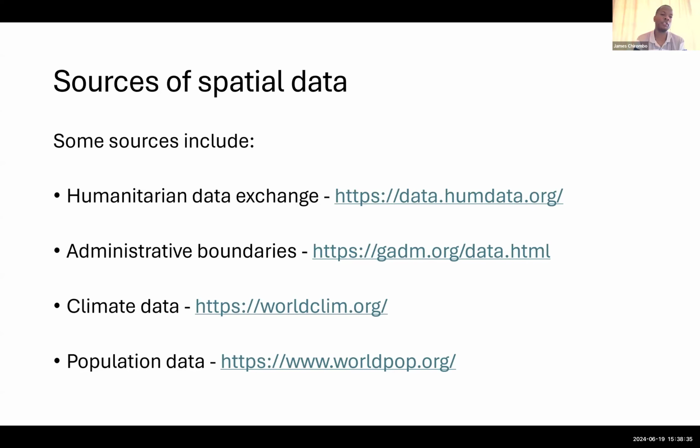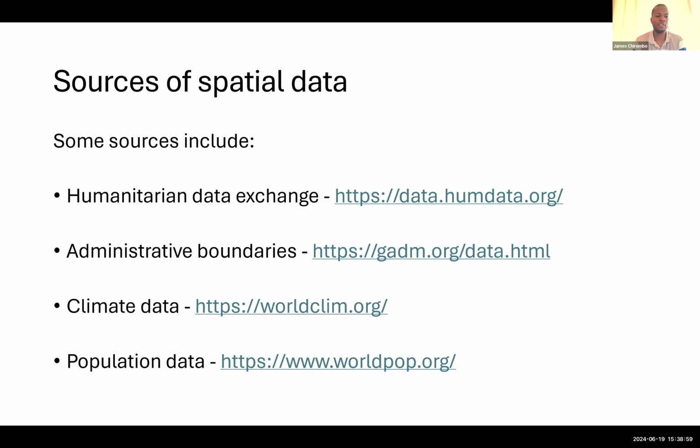You can have level 1 and so on. So you get all you need to do risk mapping, because it's not possible for individuals to collect data as far as national boundaries are concerned. So we have to rely on official data that is already provided out there. There is also WorldClim.org.